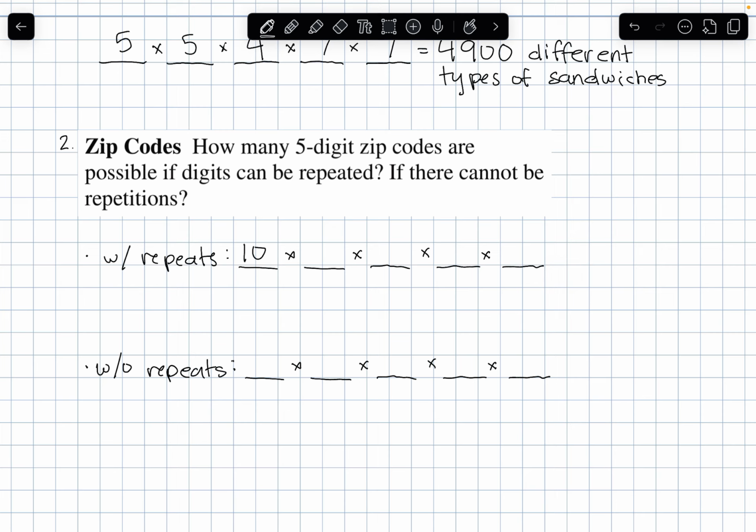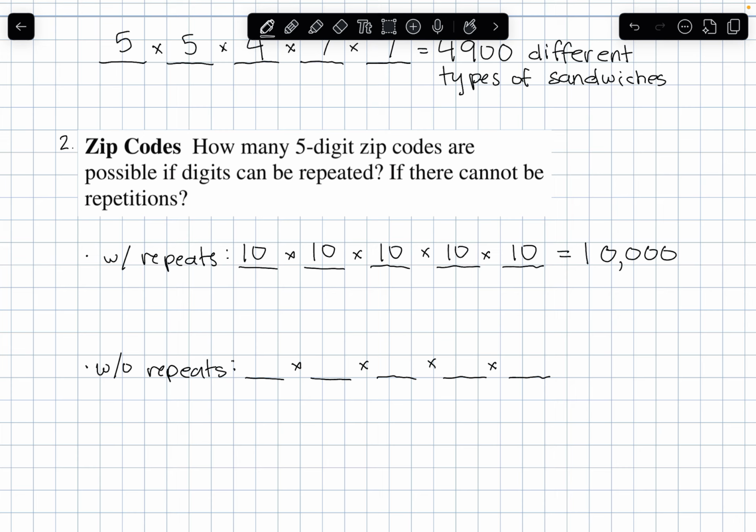If I'm allowed to use repeats, I also have 10 numbers to choose from the next choice. So all 5 choices I'm choosing from the numbers from 0 to 9. So 10 times 10 times 10 times 10 times 10. And we like multiplying by 10 because we just have a 1 followed by a bunch of zeros. In this case, 5. So if I was only allowed 5-digit zip codes, I get 10,000 possible zip codes if digits can be repeated.